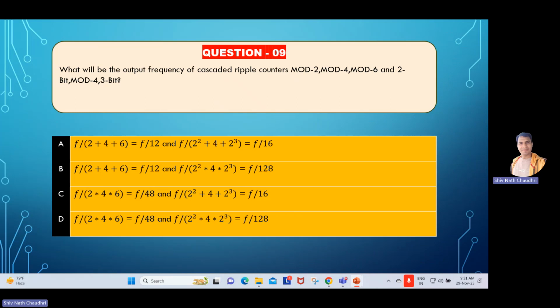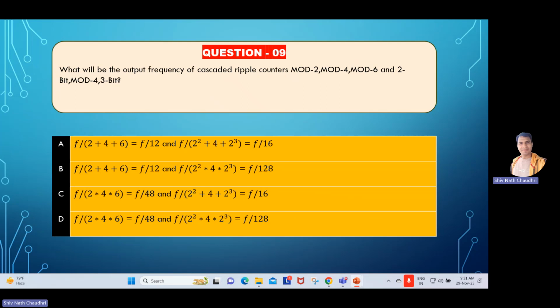So let's take one example here. What will be the output frequency of cascade ripple counters? The first cascade is mod 2, mod 4, mod 6. In this case, all three counters are specified by the mod number, so we have to multiply and divide the input frequency F. And the second cascade is given for 2 bit, mod 4, 3 bit.